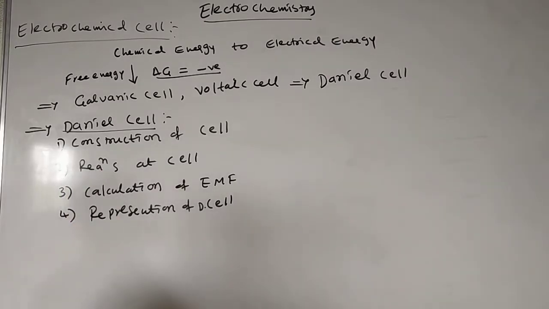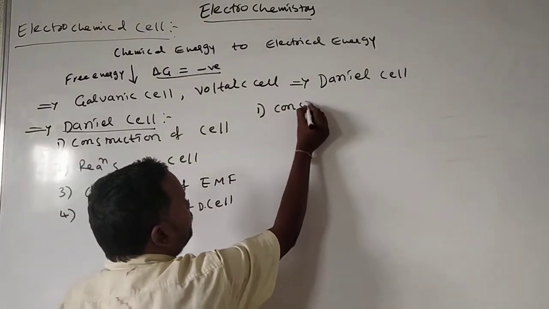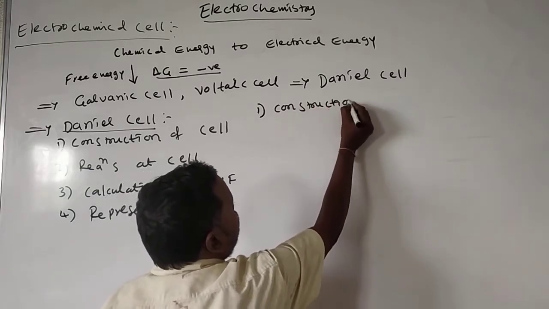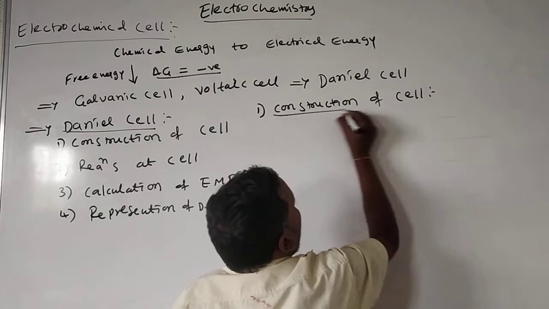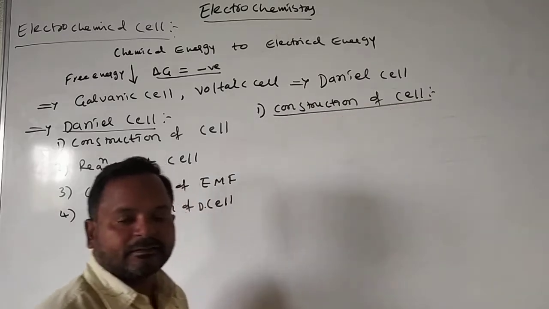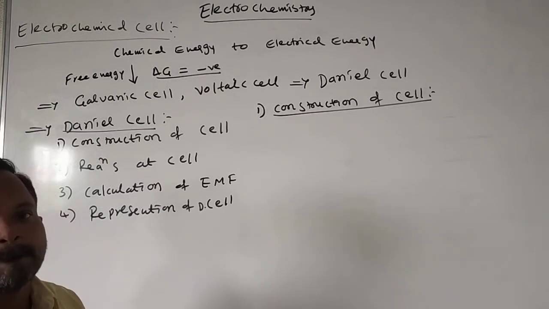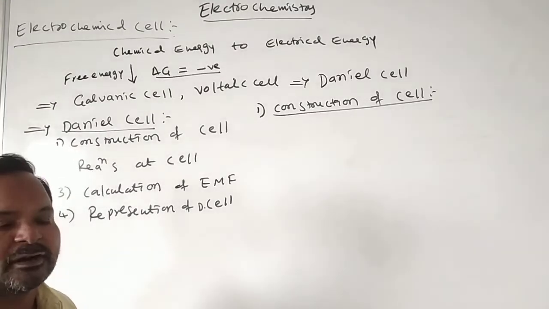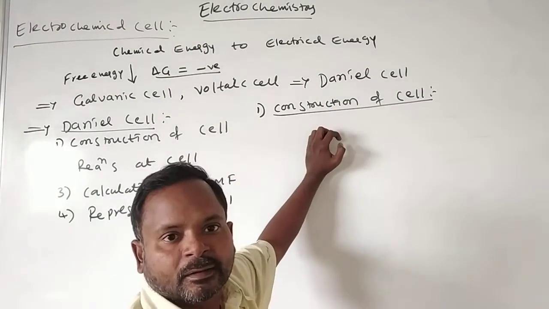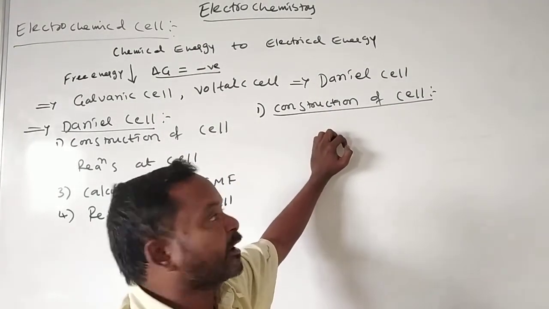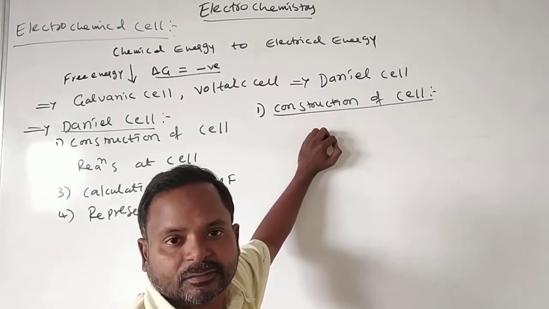First, we will see the construction of the cell. Okay, when we construct the Daniel cell, according to the IUPAC, every cell contains two electrodes, one is the anode and the other the cathode.